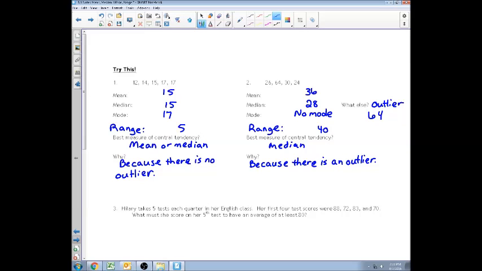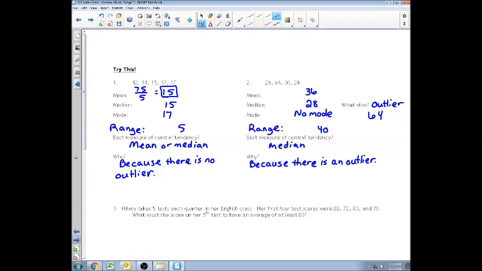Okay? For those of you that got all that correct, you can go ahead and move on. Go ahead and fast forward until I start talking about number 3. For those of you that did not, let me go back and show you why or how I got those numbers. So for number 1, the mean, we add up all the numbers. When you add them all up, it should be 75. We should divide by 5. That's how I got 15.